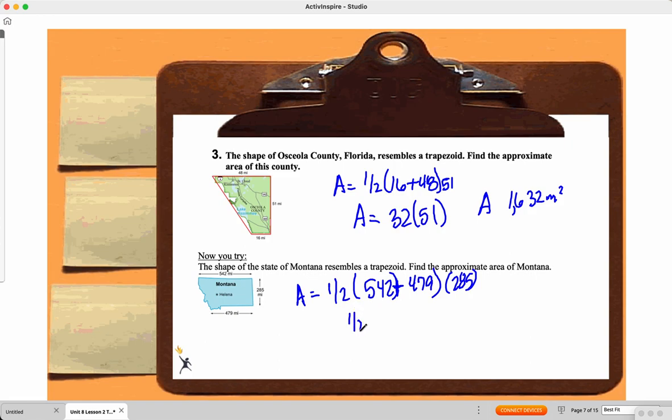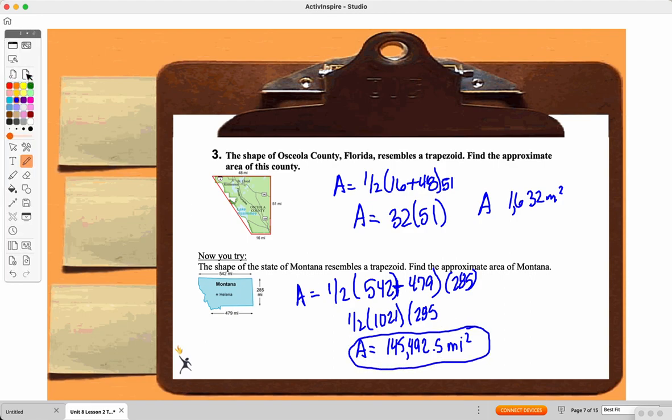So it's 1/2 of 1,021 times 285. This is a much larger area because it's an entire state. The area of Montana is roughly 145,492.5 square miles. That's a huge area.